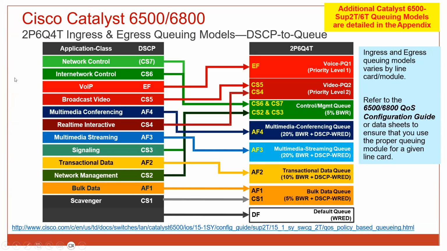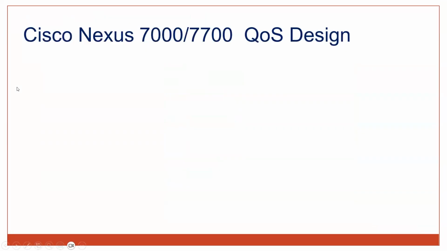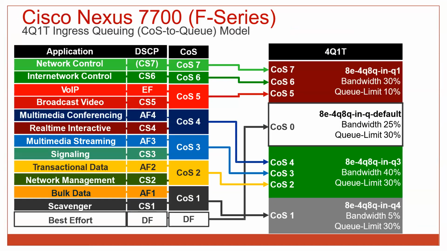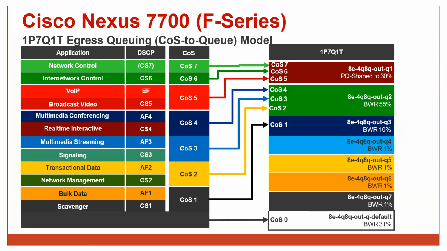In data center switches, you don't have that much voice traffic, so you have only one queue reserved for voice. So for the priority queue, you can see PQ shape to 30%. This is the priority queue where we are mapping CoS 5, 6, 7. And if you go and check the DSCP related to that, you can get it easily.